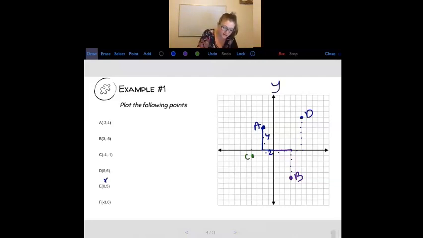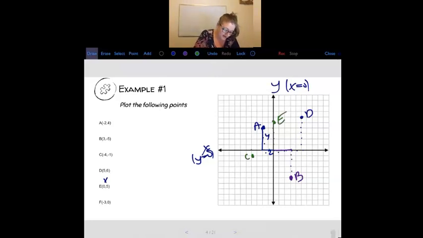So on the y-axis, x is equal to 0, and on the x-axis, y is equal to 0. So for point E, we don't change our horizontal direction, left or right. So we're going to start at the origin and just go up 1, 2, 3, 4, 5. So here's point E. None in the x direction, 5 positive in the y direction.